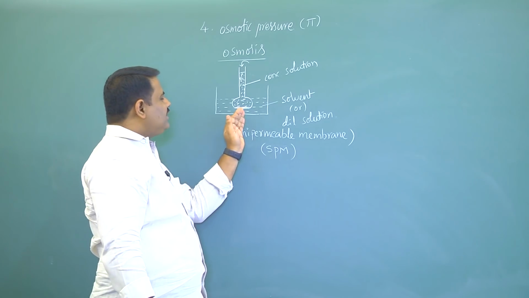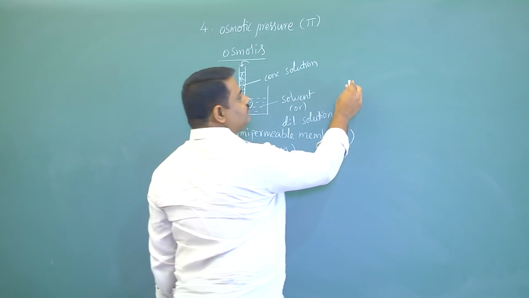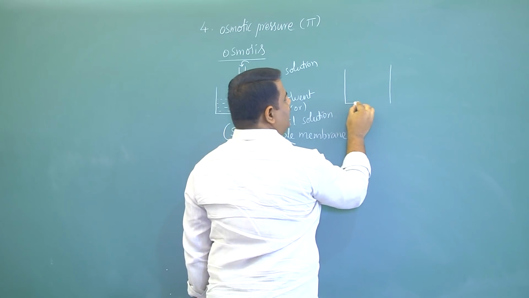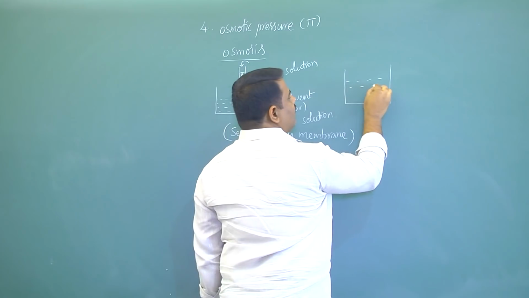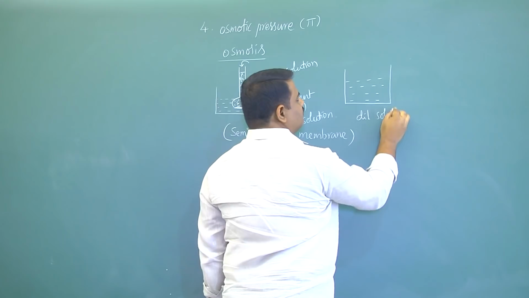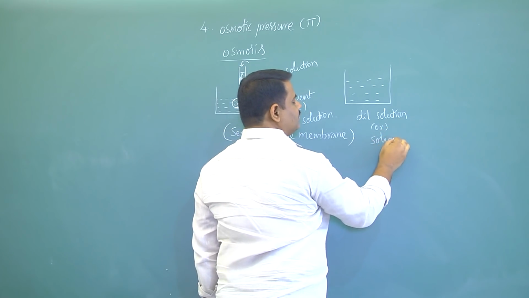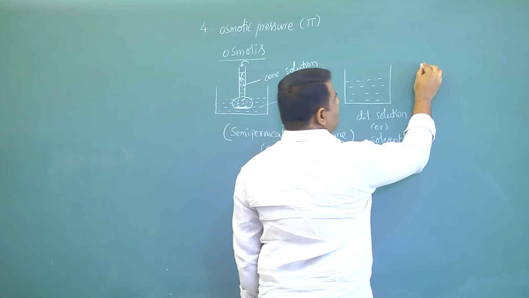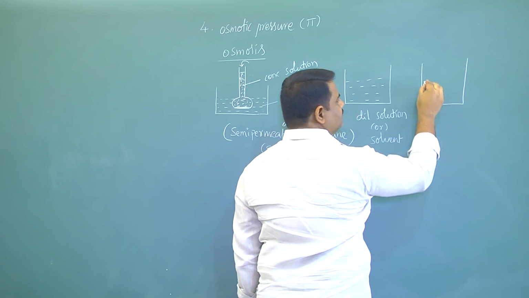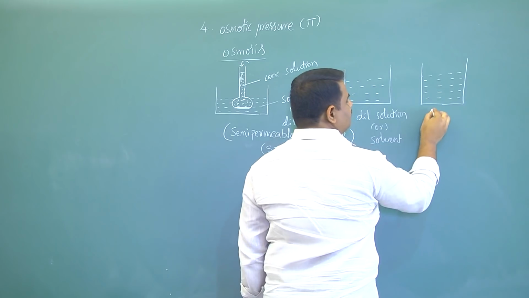Now we can explain this concept by taking another experiment also. Here this is a container where we have dilute solution or solvent, and in another container we can take concentrated solution.